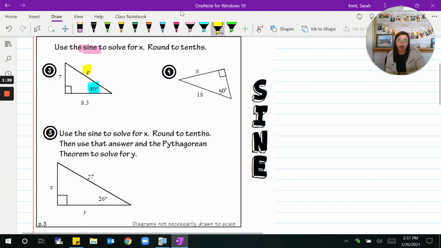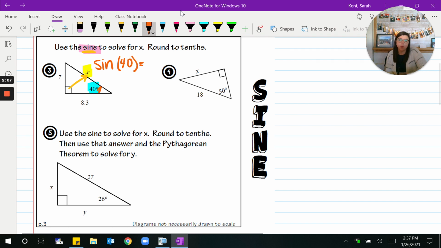We're looking for x, which is on our hypotenuse. And then here we have both sides, so we could use cosine or sine, but it asks us to use sine. So how we'll write this is we'll write sine, and then in parentheses, I want the angle. So the angle is 40.